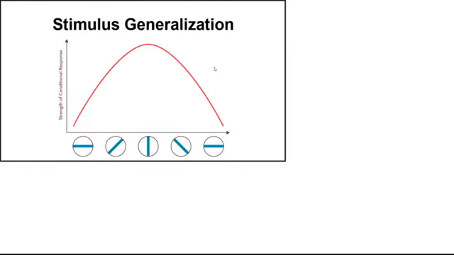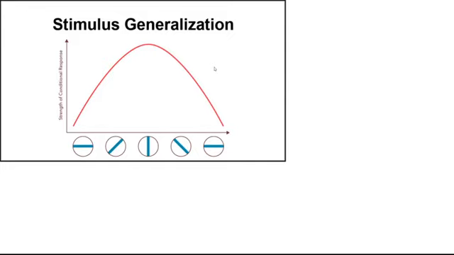Same exact setup for operant conditioning, except on the side here, when we were looking at our classical conditioning, we were just looking at the strength of conditioned responding. So this is how much the dog is salivating, or how intense of a startle response we are seeing, or whatever we were looking at.